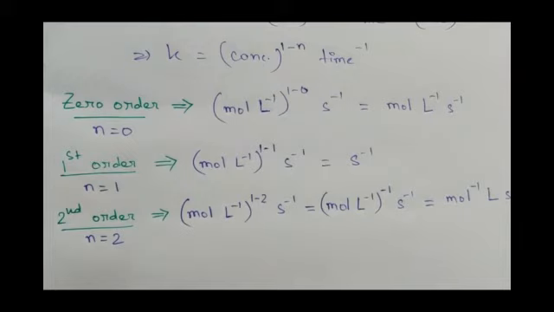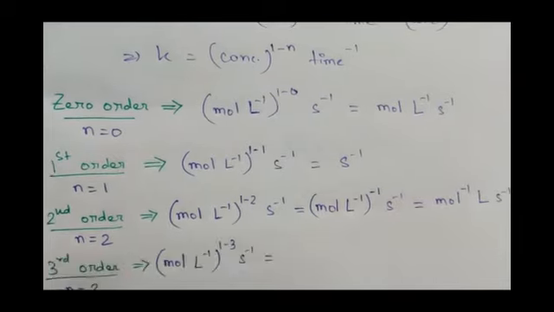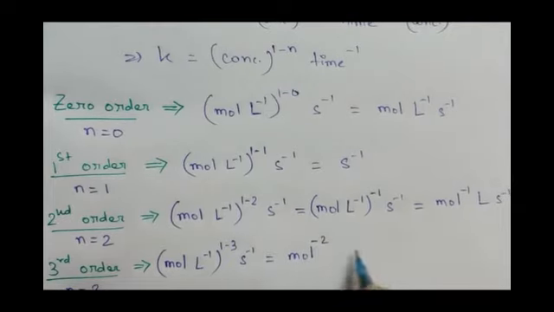Now for the third order reaction, similarly we can get the unit. Putting the value of n as 3, the power will turn -2. So we can write the ultimate unit for the third order reaction as mole -2 liter square second inverse.